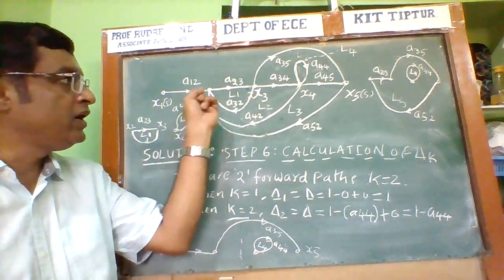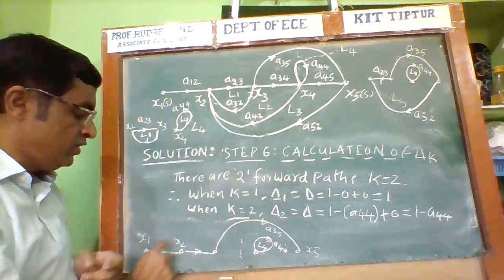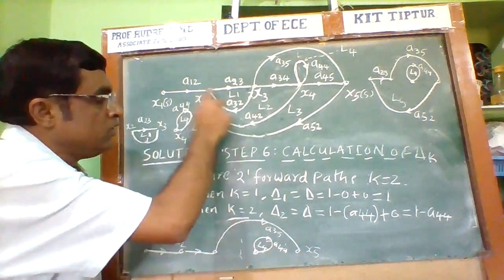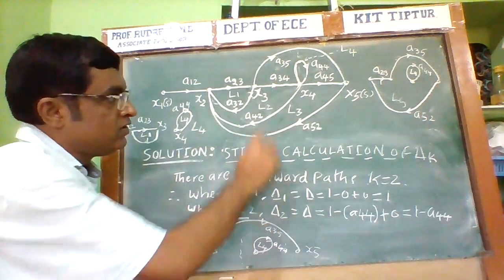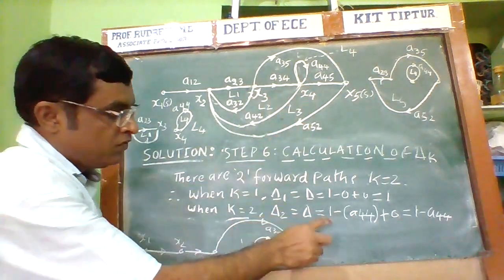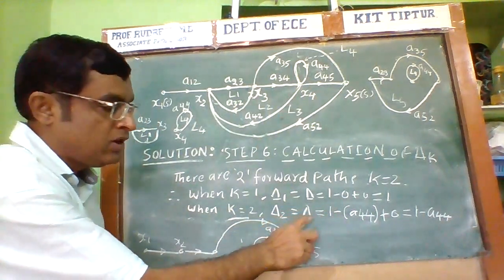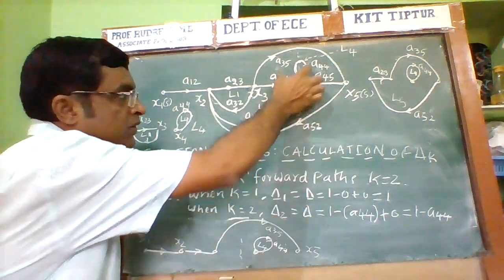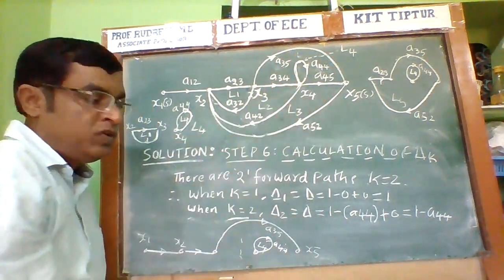delta 2 can be calculated by considering the second forward path. Considering this as the second forward path, this is the only loop which is not touching the second forward path. Therefore, delta 2 can be calculated in a similar way to calculating delta, by considering this part of the graph only.